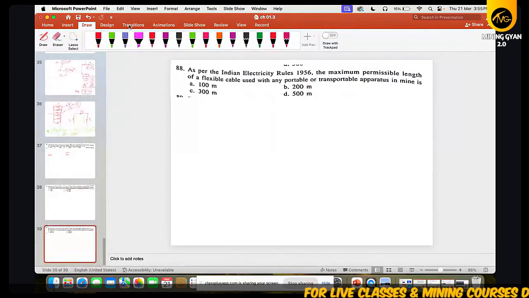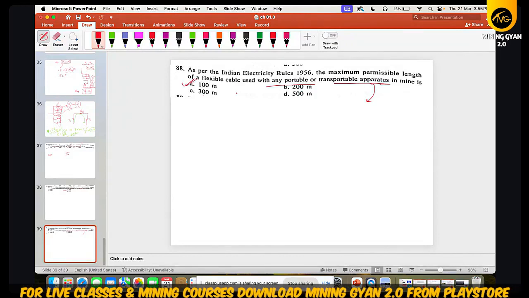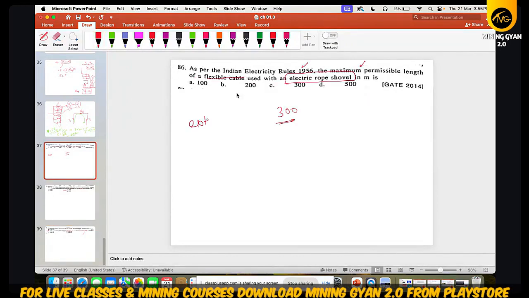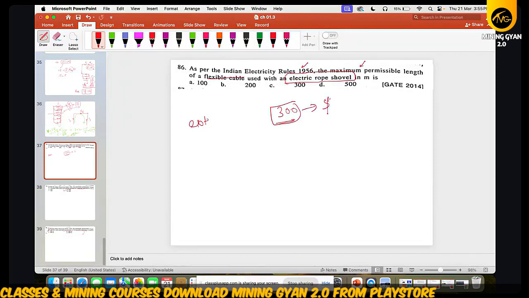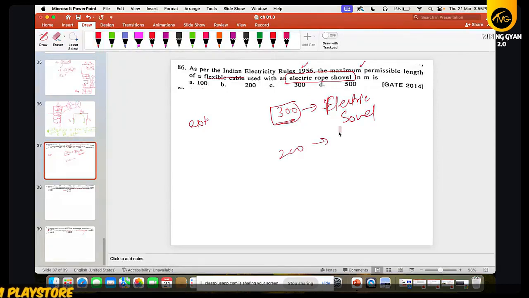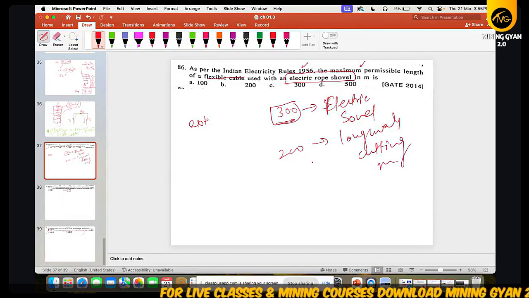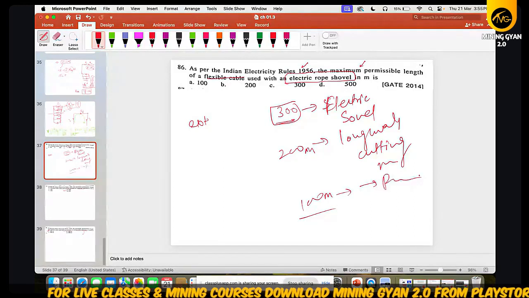And for any portable or transportation apparatus the maximum length will be 100. ये तीनों चीजें याद होनी चाहिए आपको: 300 for the electrical shovel, 200 for your long wall cutting machine, and 100 will be for any portable device.